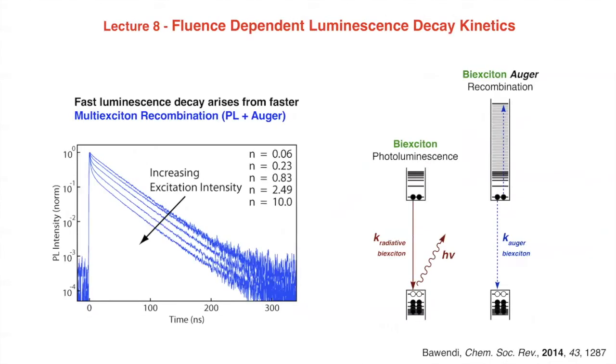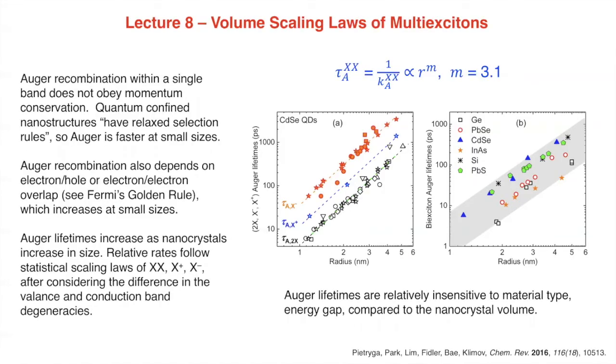So remember that the recombination mechanism of a biexciton by the Auger process involves dropping down here, but it also involves promoting an electron up here. And the number of possible states that you can get is partly related to how many atoms there are in the crystal. So it also is influenced by the overlap of the electron and hole, which increases at small sizes, okay? But in the end, really, it's just proportional to volume.